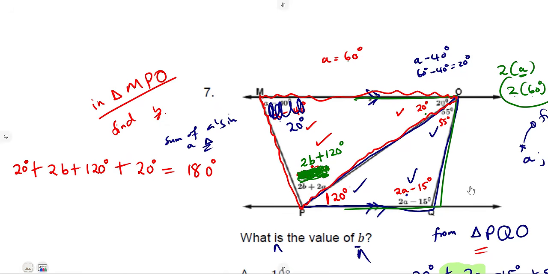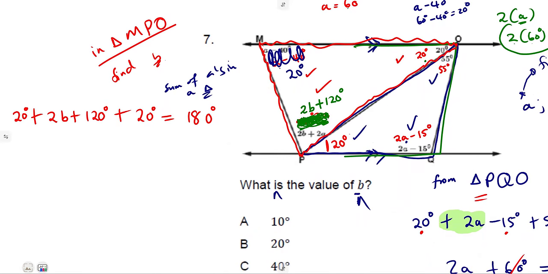So let's find that B. Add all these and subtract from 180, as we just have one unknown. 2B plus the sum of these: 20 plus this, which is 140, plus this 20, it's going to be 160. So that's 160, which is equal to 180 degrees.